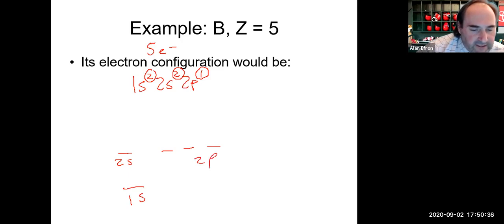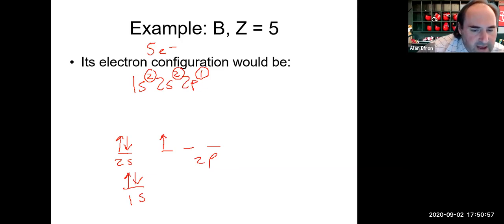On the first energy level, we put 1 electron in, 2 electrons in. The next electrons go into our second energy level with our 2s. And now the 5th electron will end right here. And again, each of these lines represents an individual orbital. Each one could hold 2 electrons.